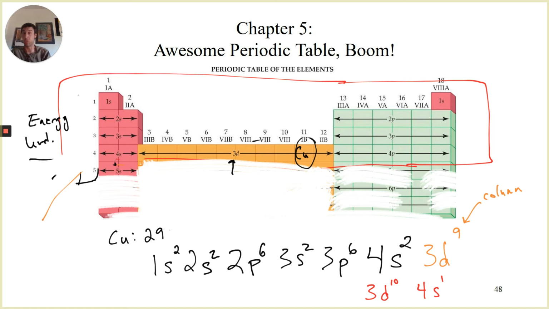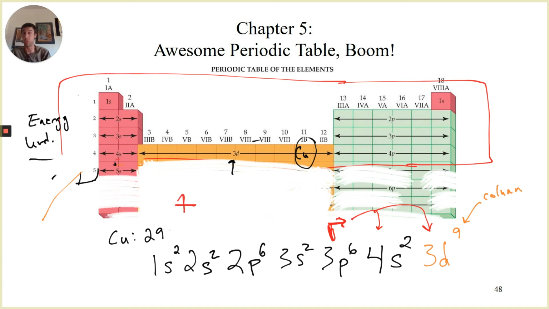If we move for our very next electron after the 3p6, should we be going to 4s or 3d? If we go to 4s, we would get a 4s orbital with 1 electron in it.